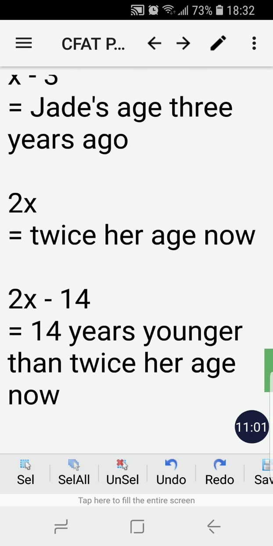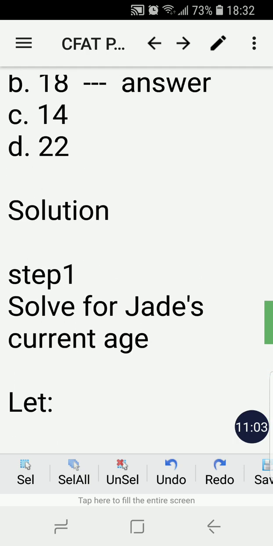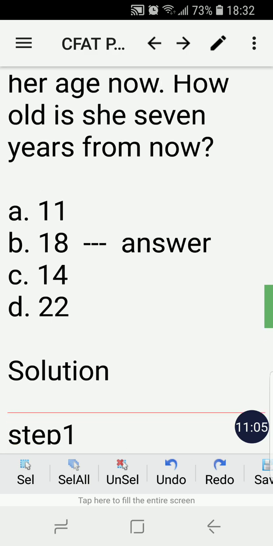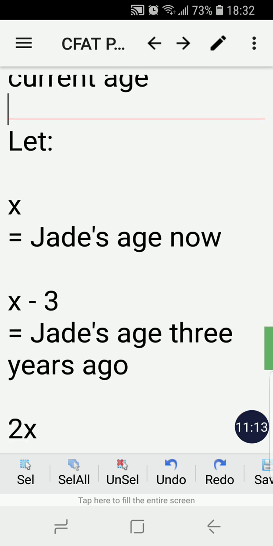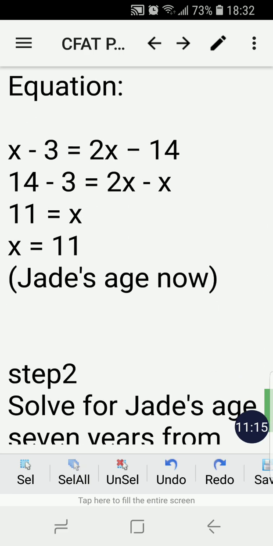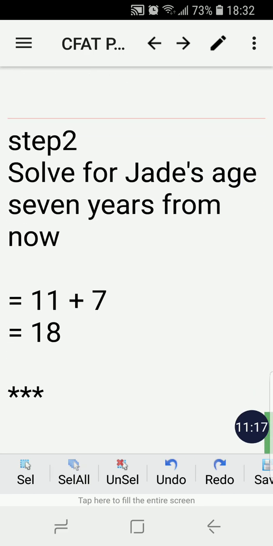However, we are required to solve Jade's age 7 years from now. So therefore we have a step 2 to solve for the unknown, which is Jade's age 7 years from now.